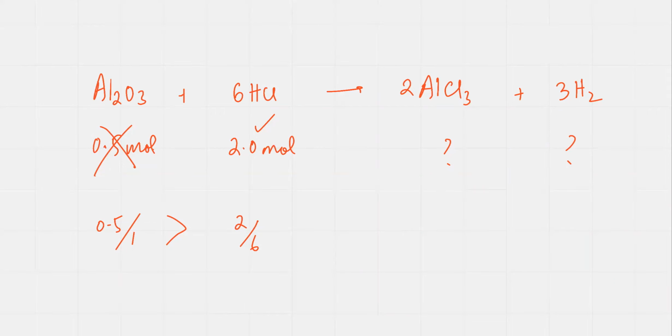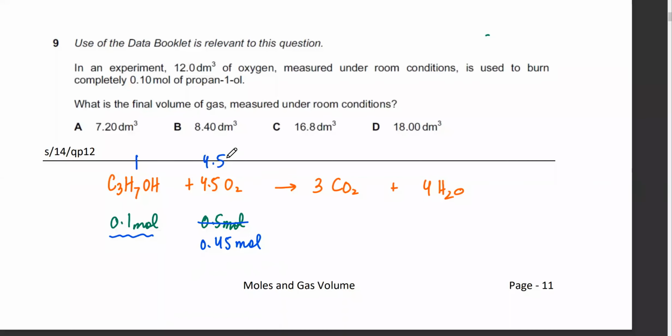So you will use these moles. You could have done that as well: 0.5 divided by 4.5, 0.1 divided by 1. This would come out to be the bigger number. You cut it out, don't use that. That's in excess, because according to the ratio 1:4.5, 0.1 will react with 0.45. So all calculations would be done with that.